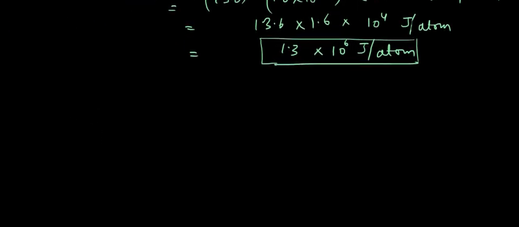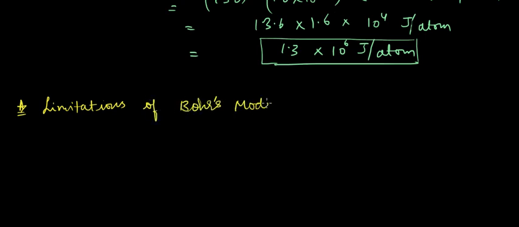So now let's move on to discuss the limitations of Bohr model. So first is, it is applicable only for unielectronic species, that is H atom and H like atom.